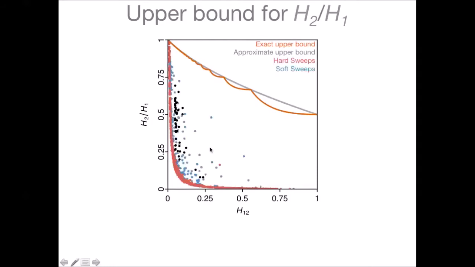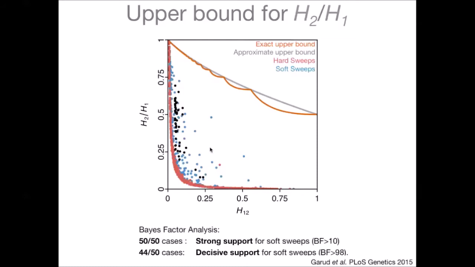We did the same under soft sweeps, and now it does overlap. We repeated this under several demographic models, and we get very similar results. And so our conclusion, using a Bayes factor analysis, is that there's strong support for soft sweeps in 50 out of 50 cases, and decisive support for soft sweeps in 44 out of 50 cases.